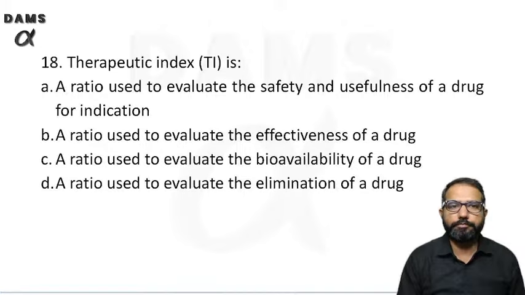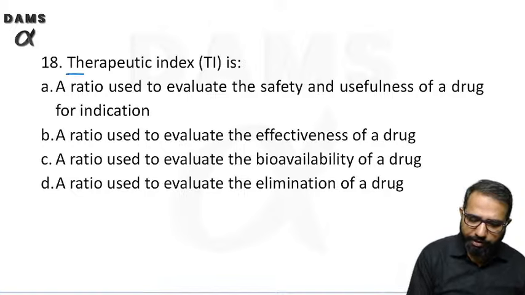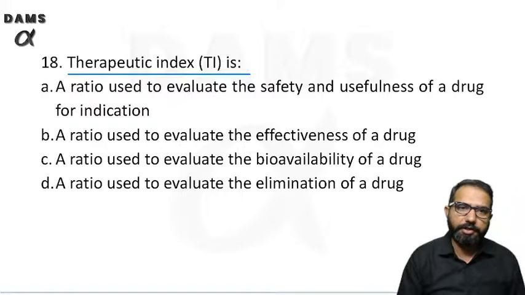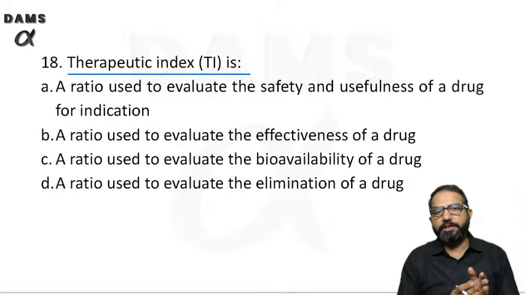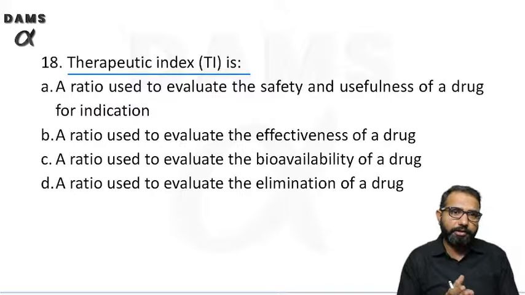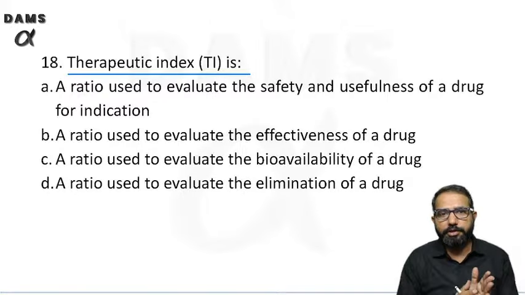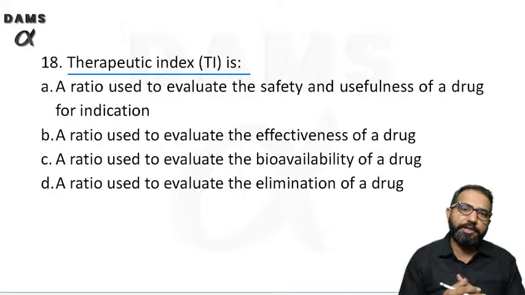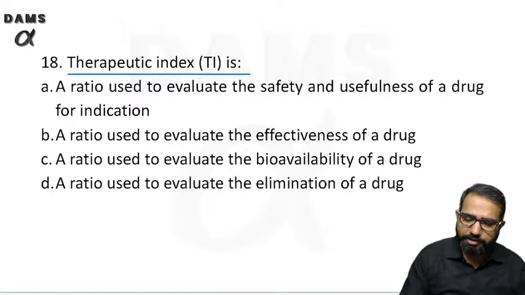Next question. Therapeutic index is the ratio used to evaluate the safety and usefulness of a drug, the effectiveness of a drug, the bioavailability of the drug, or the elimination of a drug. What is therapeutic index?